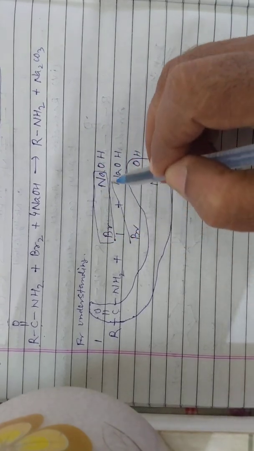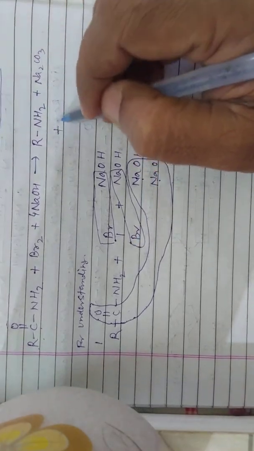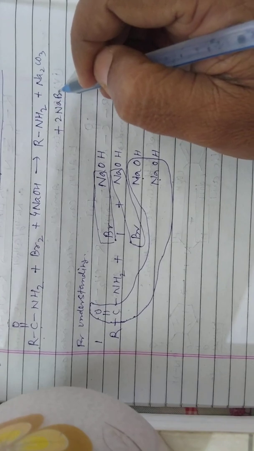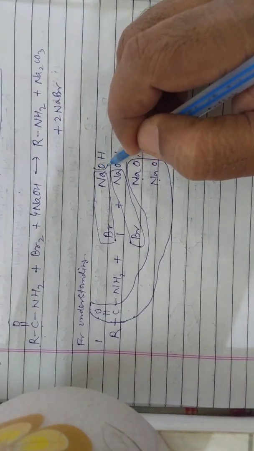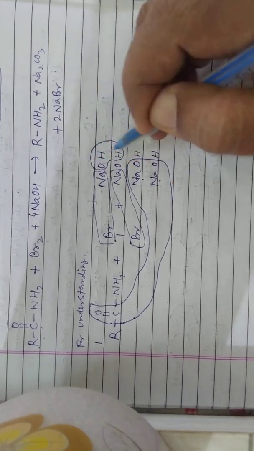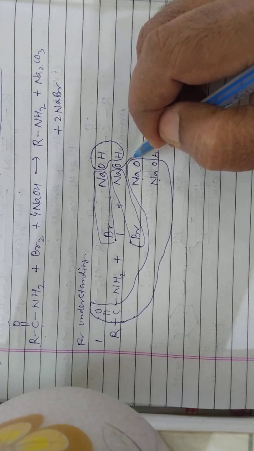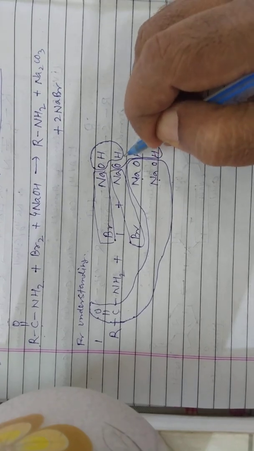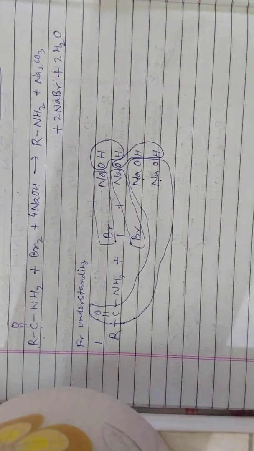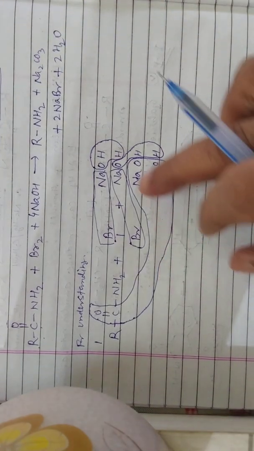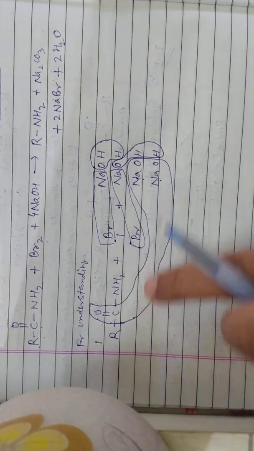So 2 units of NaBr will also be produced, plus 2 NaBr. And you see H2O, and here 2 hydrogen and 1 oxygen are left again. So this is H2O. So you can see 2 water molecules are also produced. In examination you do not need to write these, only for understanding.